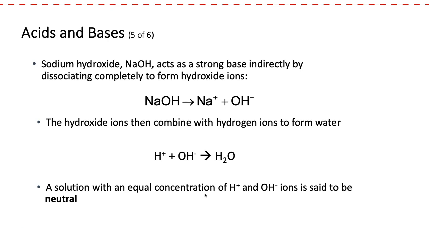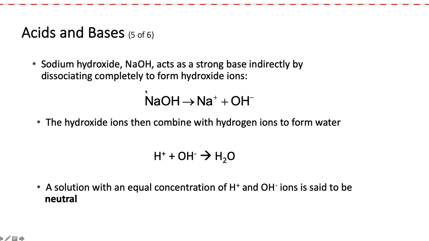Sodium hydroxide, on the other hand, is a really strong base. Let's take a look at it. Remember, we're looking at these hydroxide ions. Sodium hydroxide can dissociate, and you get these hydroxide ions. And if you have these hydroxide ions, they combine with the protons to form water.